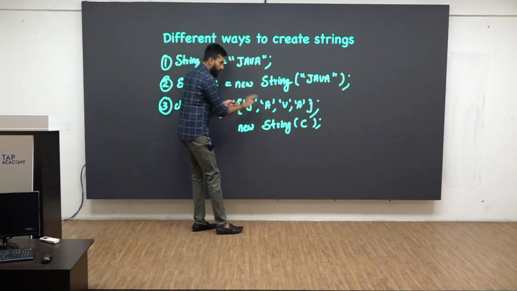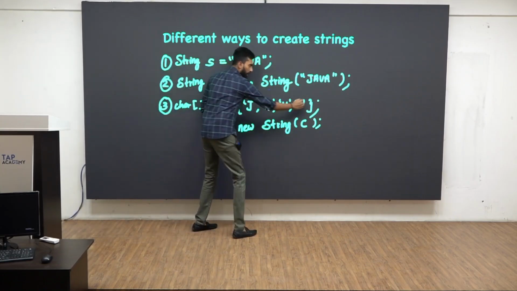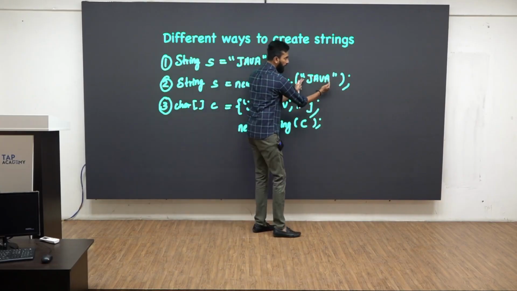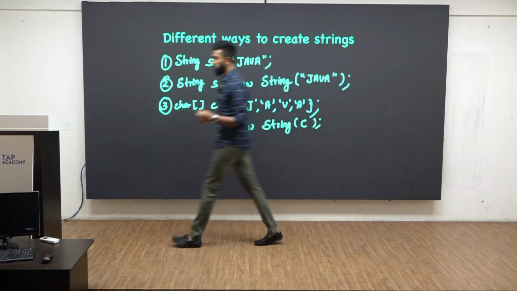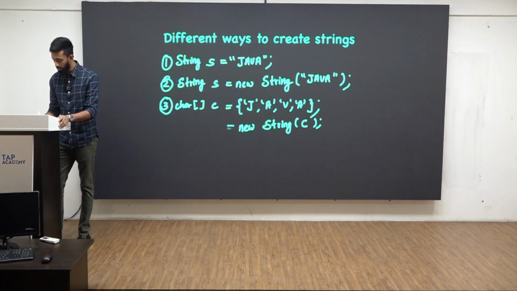Now Java will look. It will see this is an array of characters. It will combine all these characters together and convert it into a string. Am I clear? Okay, sir. Next I will be giving this a reference. I will call the reference maybe s. s has to be of type String.